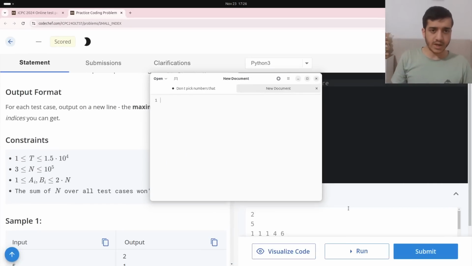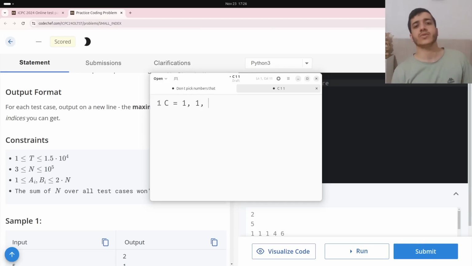I'm filling the array C. So consider the first element. The first element is 1, the second is 2, and this one needs to be at least 3, otherwise it's for sure a small index. This one needs to be at least 5, because otherwise it will be. Then 9, then 15, and so on.